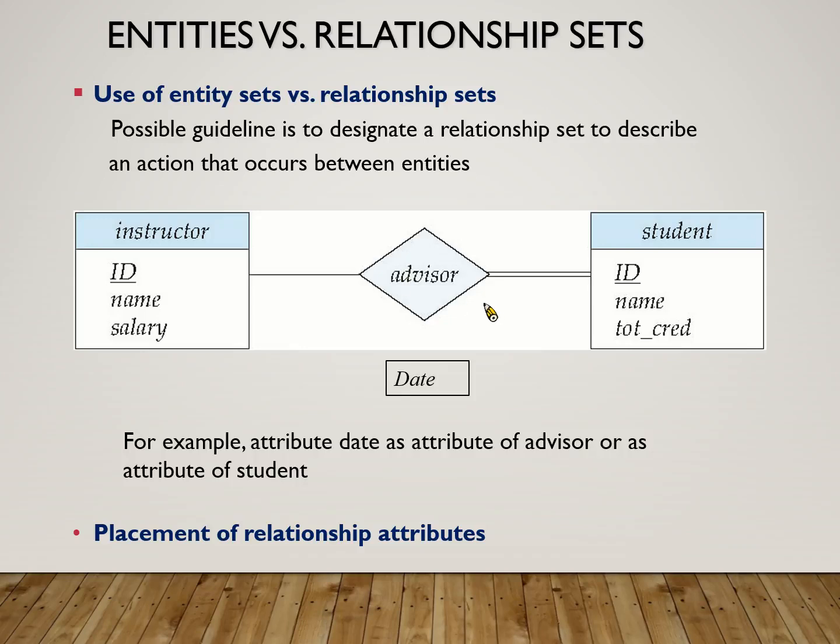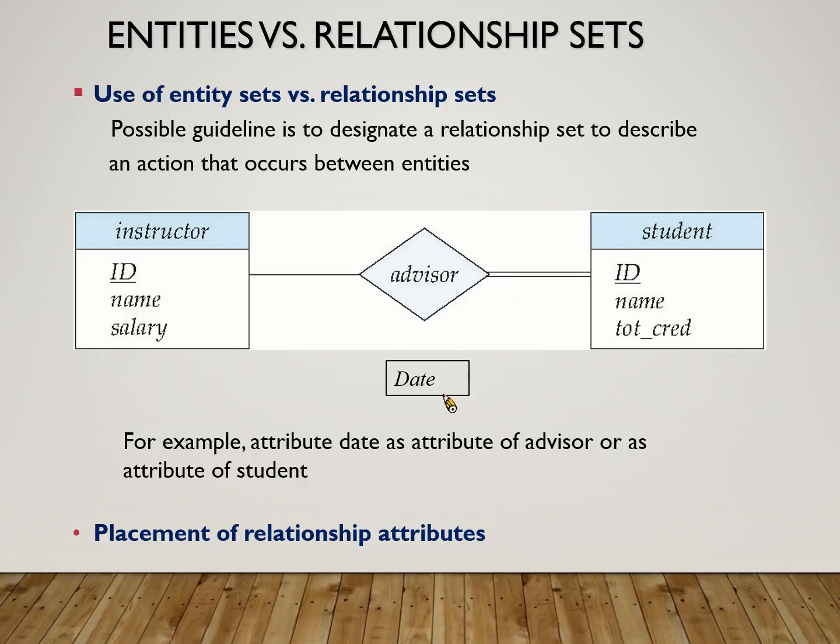However, we can try to designate relationship sets to describe some actions that occur between entity sets. For example, if we want to reveal the fact that advising is an action that occurs between instructors and students, we can represent this action with a relationship set.